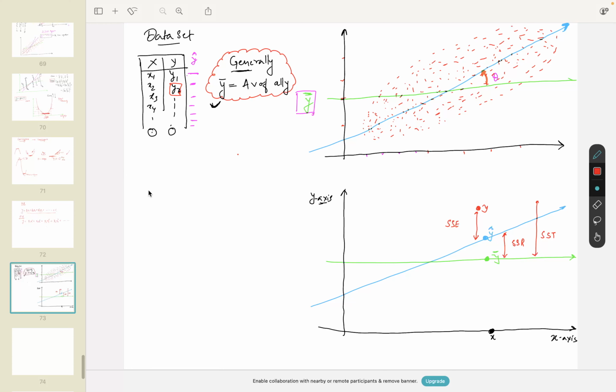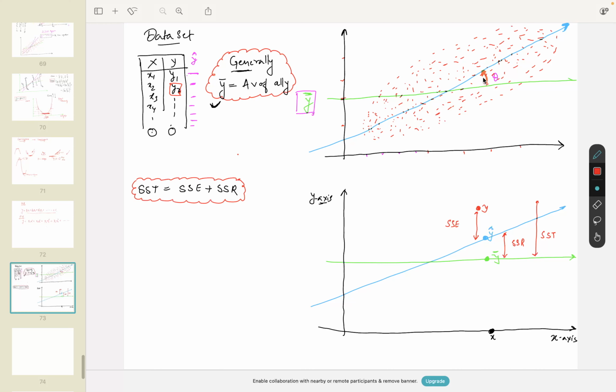So, in very short, I can say sum of square of total is equal to sum of square of error plus sum of square of residual.